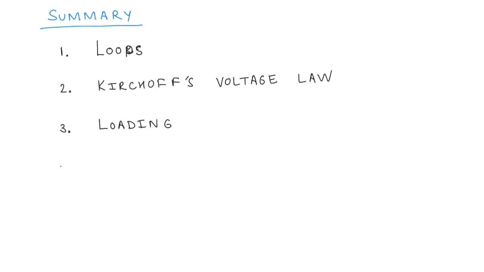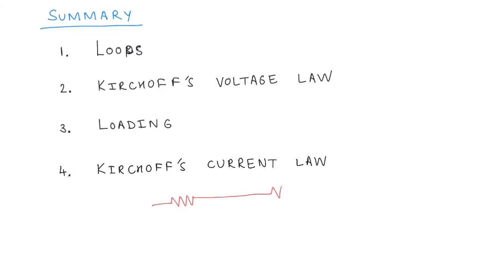We have also looked at Kirchhoff's current law, though I have not really mentioned it as such. Kirchhoff's current law is the idea that current cannot be either produced or destroyed in a circuit, right? In our circuit we had a resistor combination like this, and I'm not drawing the complete circuit, there is some circuit on all these sides.